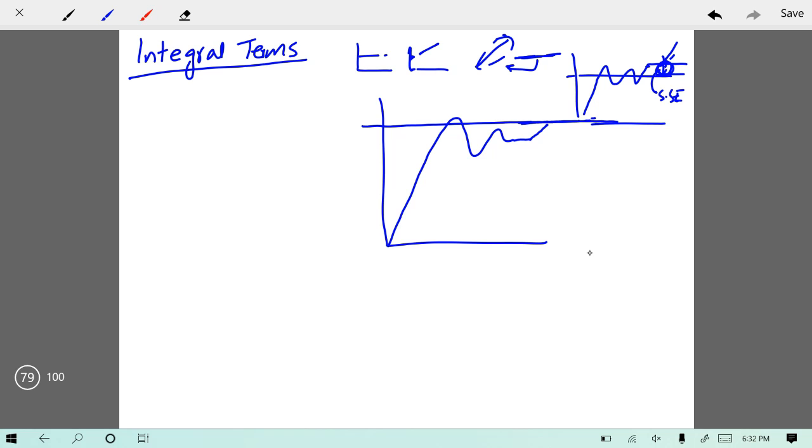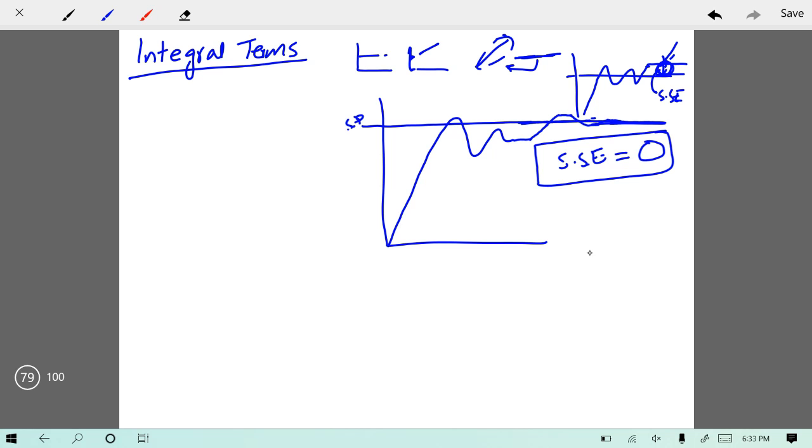It will go over here. And then after a small shoot up, there is still a steady state error. It will convert it into a negative slope. Then there is still a steady state error. It will convert it into this. Eventually, it will get aligned with your set point. So the integral controller has the capability to make steady state error equal to 0. This integral controller can altogether eliminate the steady state error.